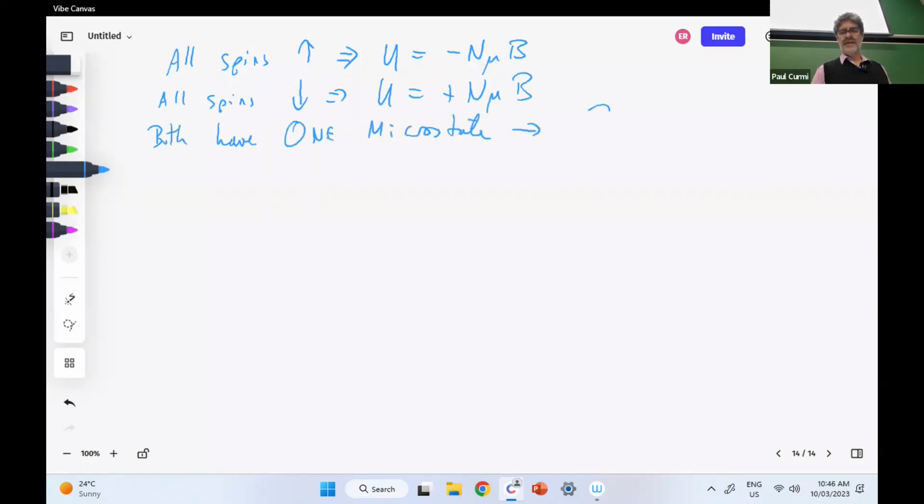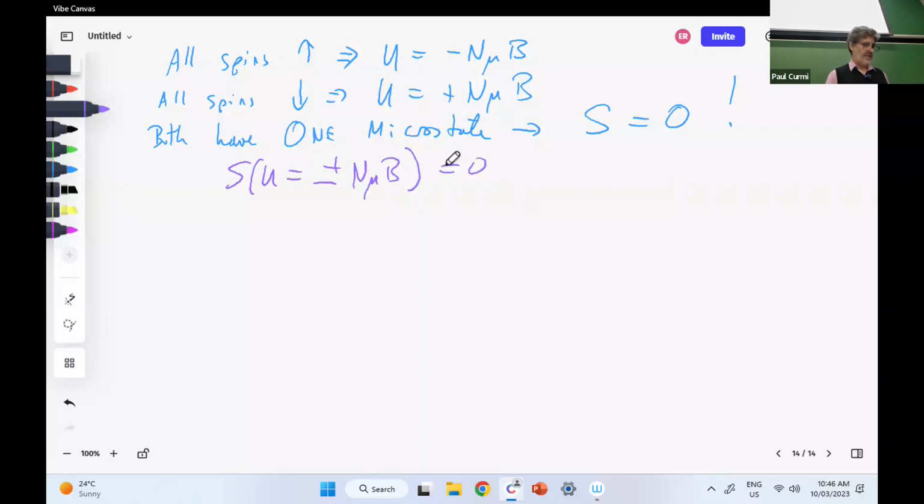And this implies that S equals 0. Okay? So this is weird. So let me write that down, that the entropy when U is equal to plus or minus n mu B equals 0.